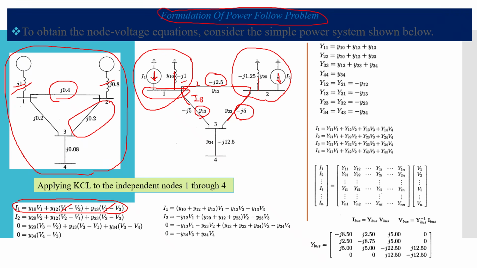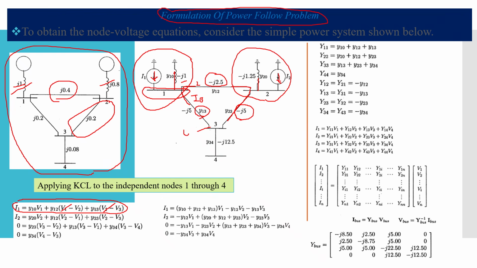So I2 is equal to Y20, which is the admittance from bus 2 to ground, multiplied by V2. Y12 is the admittance of the transmission line between bus 1 and bus 2. Then V2 minus V1 is the voltage difference between bus 2 and bus 1. Plus Y23, the admittance of the transmission line between bus 2 and bus 3, multiplied by V2 minus V3.